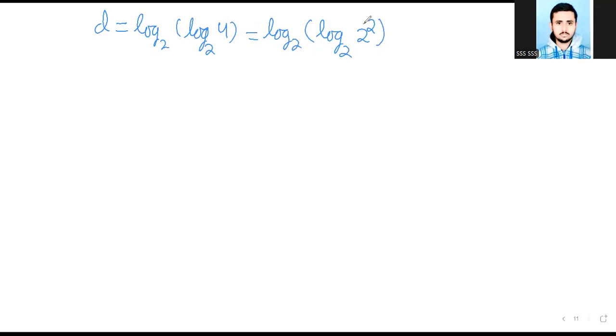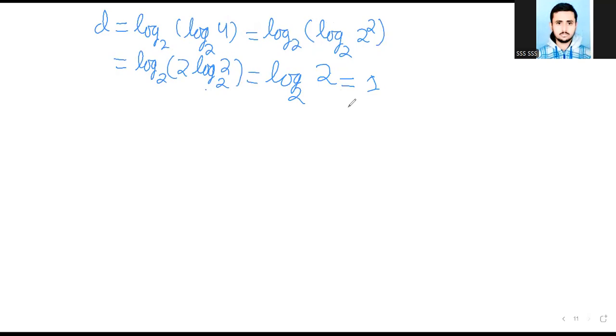So this 2, which is in power, will get converted into multiplication. So you get log base 2, and the argument has 2 times log 2 base 2. Now, log 2 base 2 is always 1. So you get log base 2 and argument is 2. All right. So log base 2 argument 2 is 1.